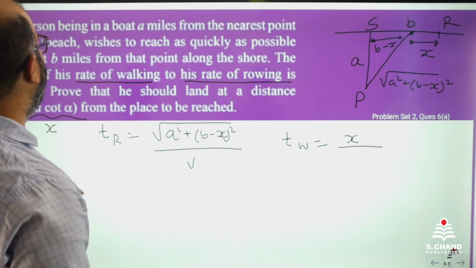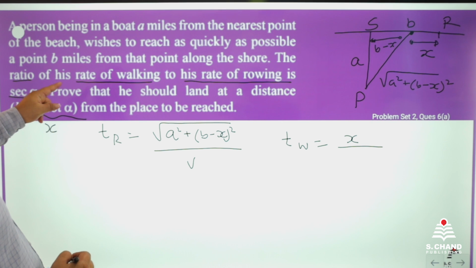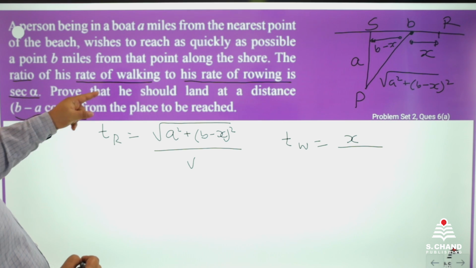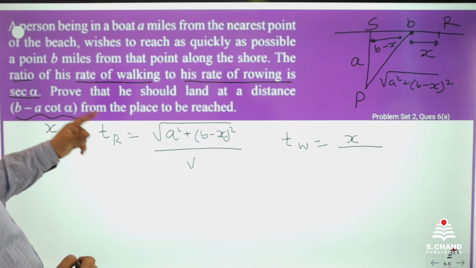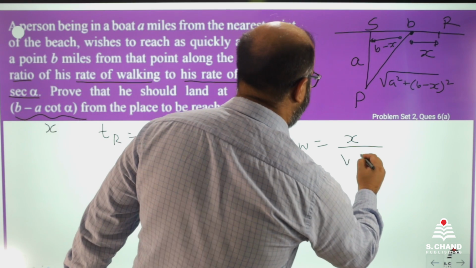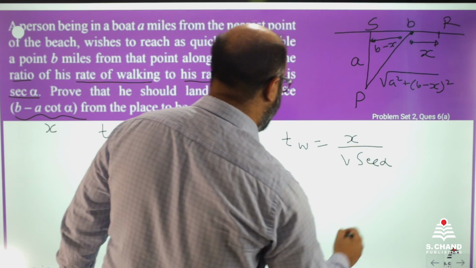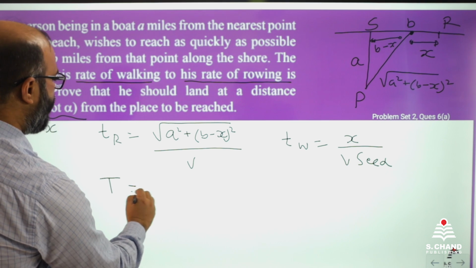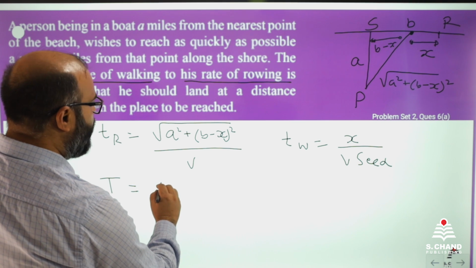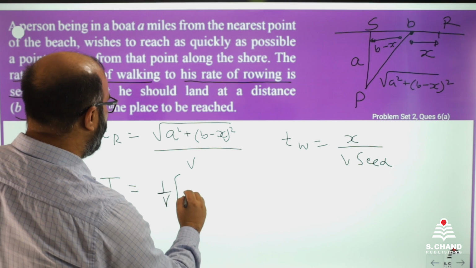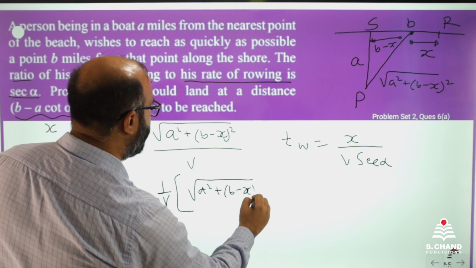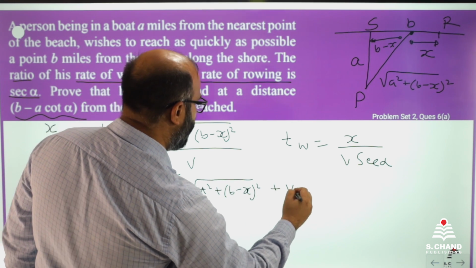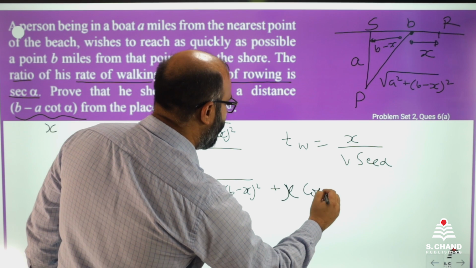Now it is given that the ratio of his rate of walking to his rate of rowing is sec alpha. So rate of walking is rate of rowing into sec alpha. So this is V sec alpha. So total time taken is equal to 1 by V into root over A square plus B minus x whole square plus x cos alpha.